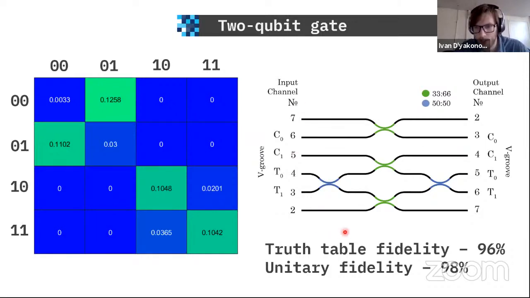So the unitary fidelity, which couples the mode on the input and on the output, is a bit higher. But in the quantum experiments, we are mostly interested in the logical operation. So this fidelity is of more interest for us in the future.